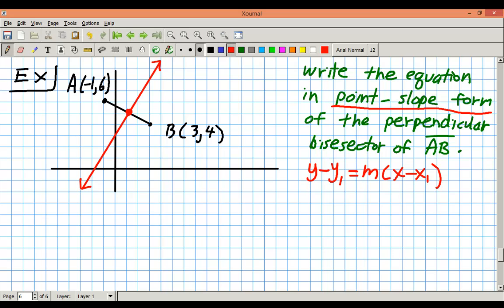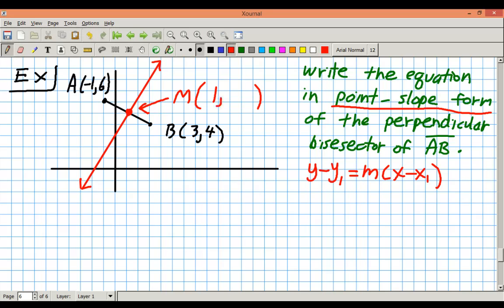Well, the only way to get a point right now is to find that point right there, which is the midpoint of segment AB. Now, you don't need the graph paper to tell you that. Matter of fact, we could have done this without graph paper. Let's call that midpoint M. How do we get the coordinates without even looking at graph paper? You use the midpoint formula. So you take those two x coordinates and add them up. Negative 1 plus 3 is 2, divided by 2 is 1.